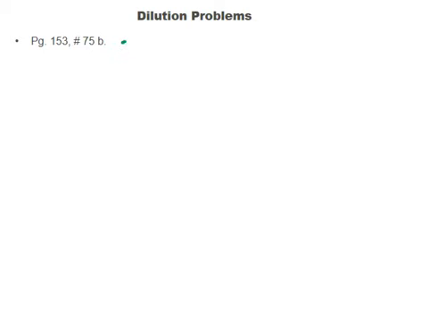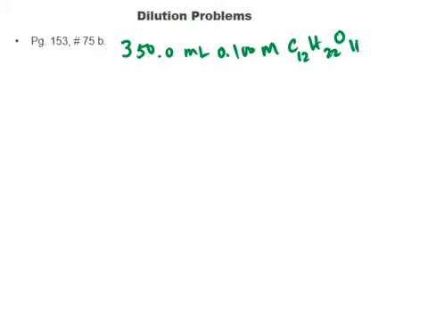So they're asking for 350.0 ml 0.100 molar sucrose, which is C12H22O11. Now they gave you a more concentrated solution.